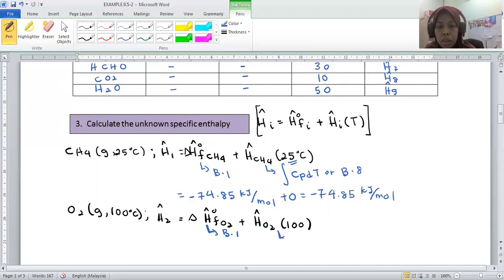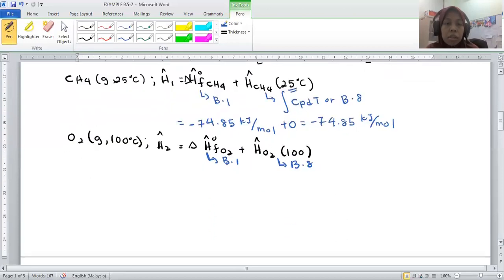For oxygen, we don't have to go to the Cp dT integration; the data is in Table B8. The heat of formation for oxygen equals 0, because it is a standard element gas that naturally occurs. From Table B8, you can straight away take the data, equal to 2.24 kilojoules per mole.